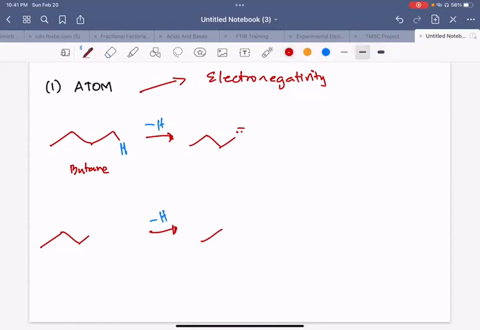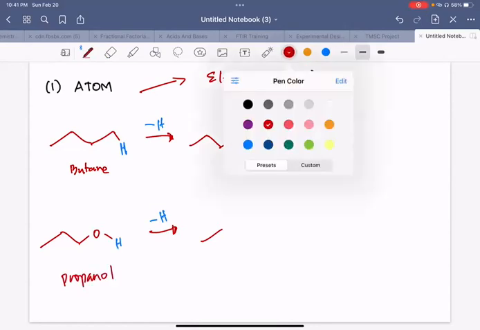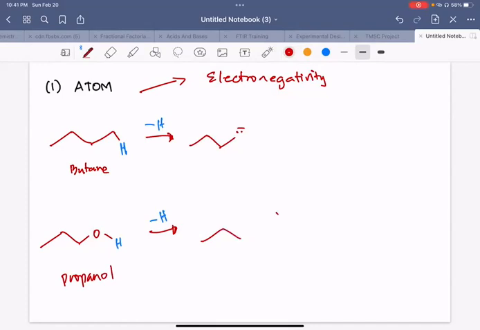This should be butanol, propanol, not butanol, propanol. Okay, so this propanol should be O minus, propoxide. And we all know that this carbanion could be written as CH2 minus.